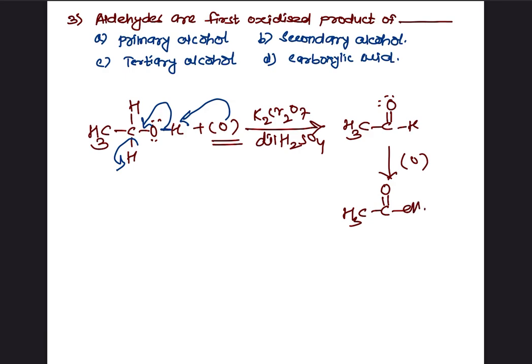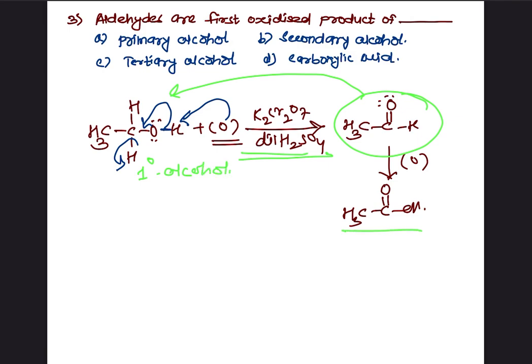The question is asked about aldehyde. What is aldehyde here? This is the first oxidation, and aldehyde is the first oxidized product of primary alcohol. This is a primary alcohol. A carboxylic acid, acetic acid, is the second oxidized product. This is the first, this is second.